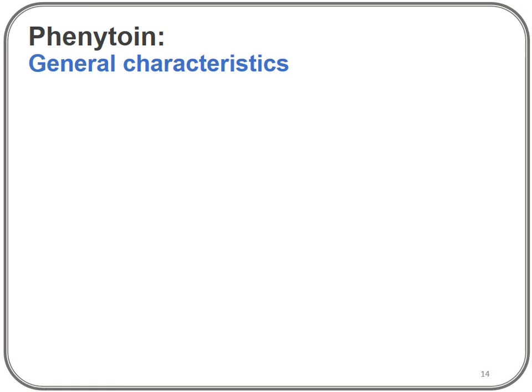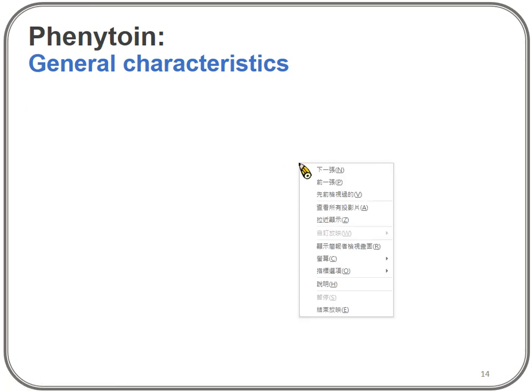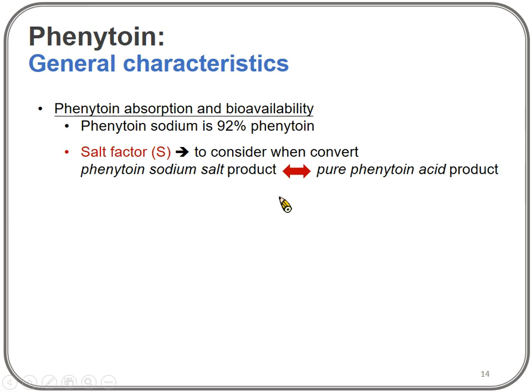Some other facts about phenytoin in the PK part. First is that most of the time phenytoin does not come on its own. It often comes as a sodium salt, with a ratio of about 92% phenytoin.